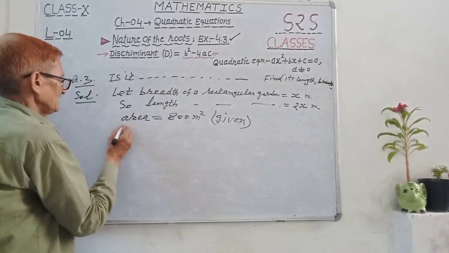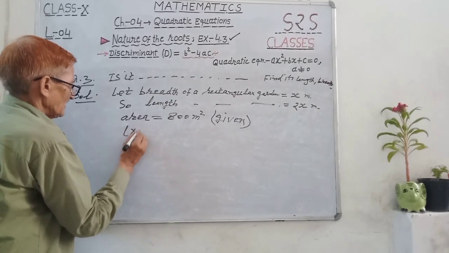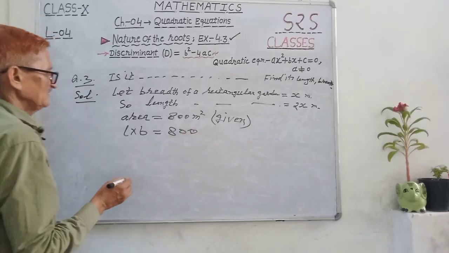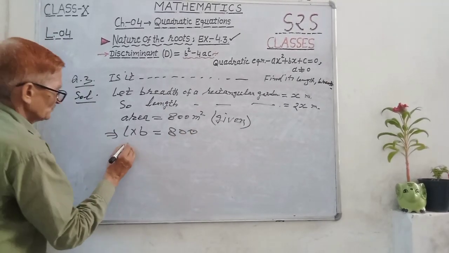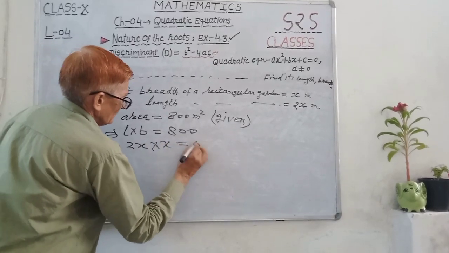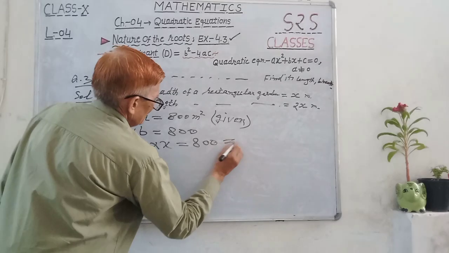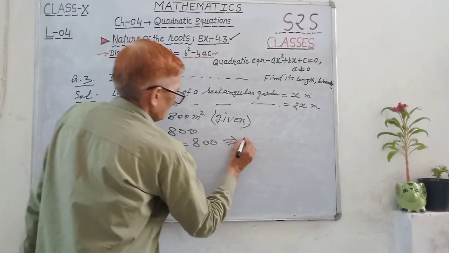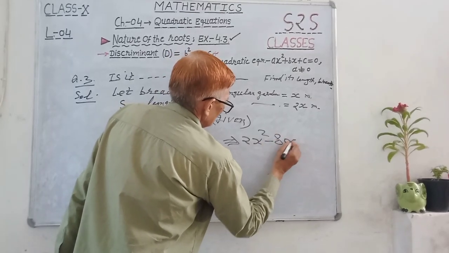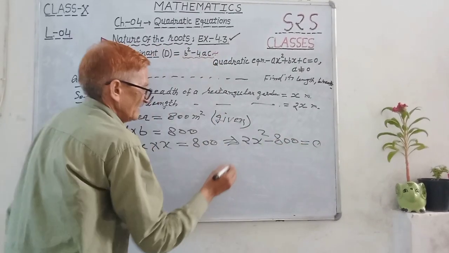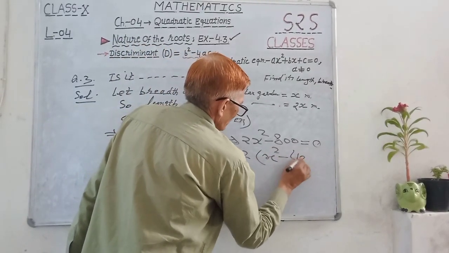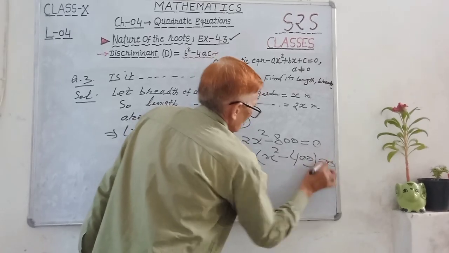The area formula: length multiplied by breadth is equal to 800. Length is 2x into breadth x equal to 800. Then this implies 2x square minus 800 is equal to 0. Taking 2 common, x square minus 400 equal 0.